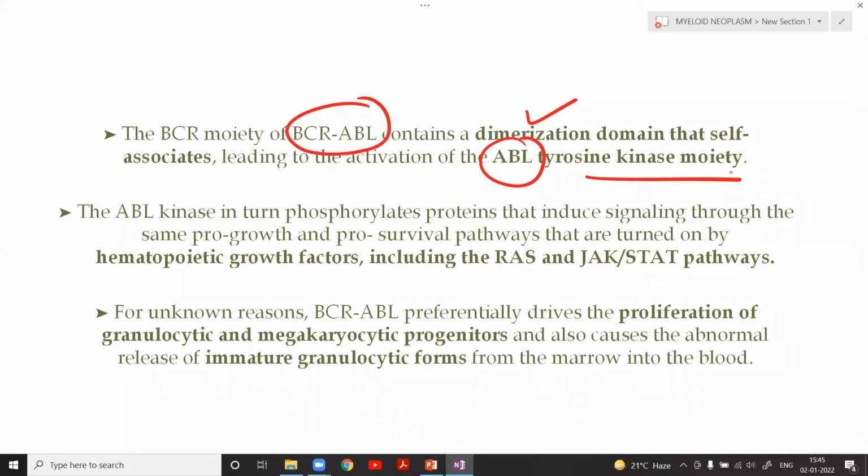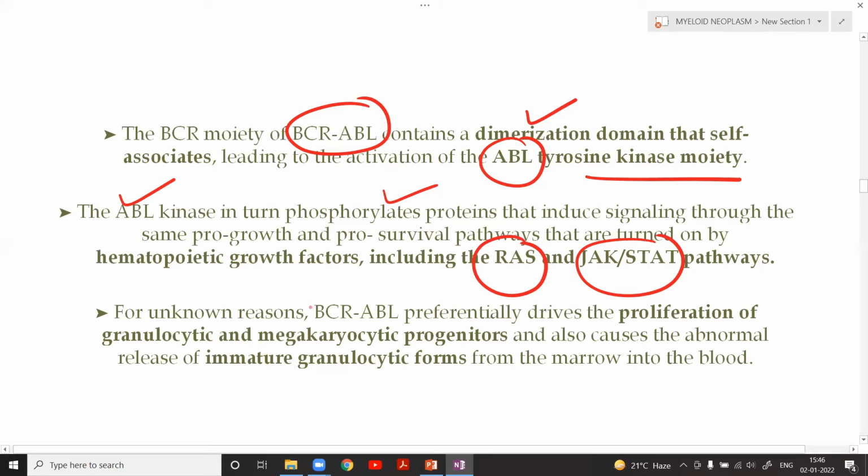Remember one thing, that the ABL kinase itself will start to phosphorylate proteins, which will ultimately cause more signaling through the pro-growth and pro-survival pathways that are turned on by the hematopoietic growth factors, including the RAS pathway, JAK-STAT pathway, and PI3K-AKT pathway. So in the absence of any growth factors, this BCR-ABL tyrosine kinase starts to stimulate the growth pathways.